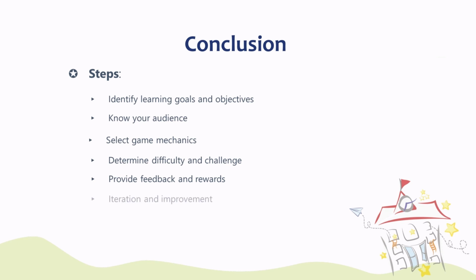It is important to remember when designing effective gamification for learning situations that it requires careful planning and consideration of several factors, including learning goals and objectives, game mechanics, difficulty, user interface and experience, and social aspects. By incorporating these elements into the design, gamification can be a powerful tool to engage and motivate learners in learning.